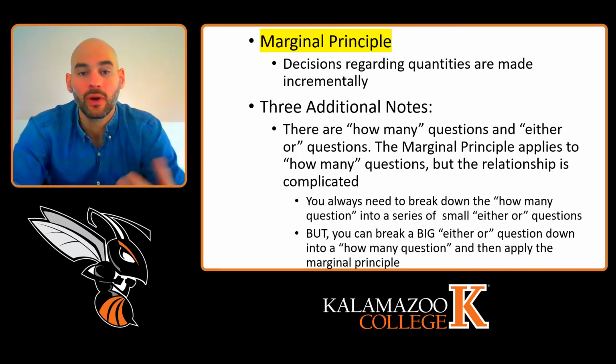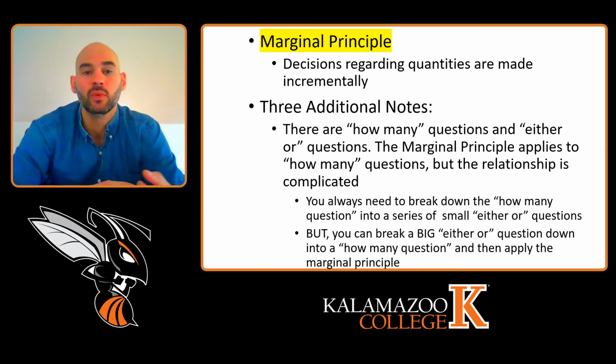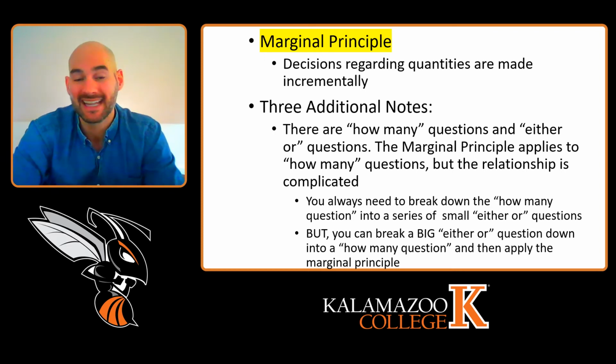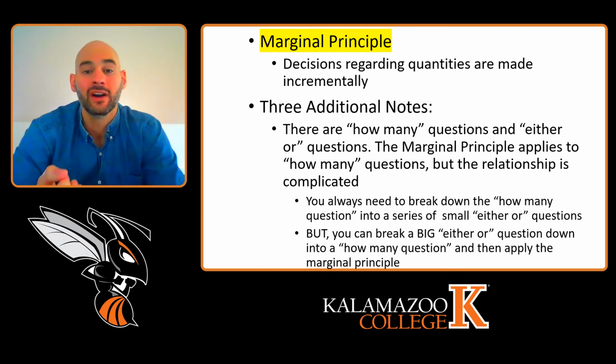So for example, assume that you're buying a new home and you are deciding between living downtown near shops and entertainment, or you are deciding about living in the suburbs where you can have more land.